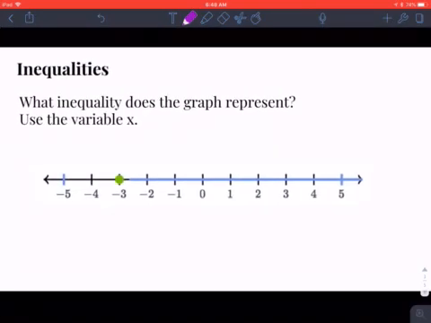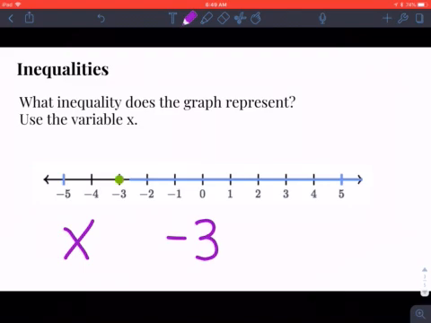All right, so now we're going to do the opposite. We have an inequality graphed for us, and we need to say what it is. So we're going to use the variable x. So my boundary point is right here on that 3. So we have x, I'm sorry, that's negative 3. So we have x and negative 3 that we're going to be working with, and we have to figure out what symbol goes on the inside.